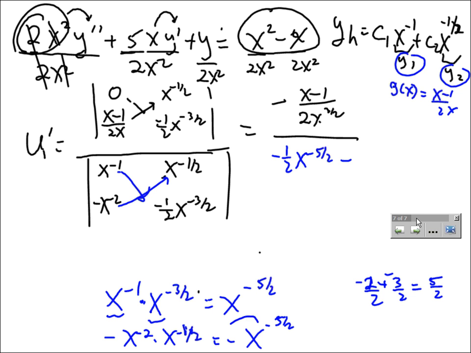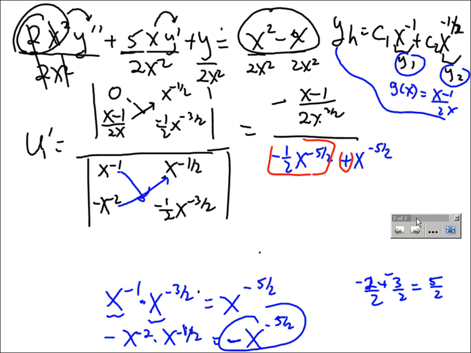So we're taking away that, and since that's negative, it becomes plus x to the negative 5 halves. Okay. Little bit more arithmetic. We are adding x to the negative fifth, here we're taking away a half, and here we're adding 1. So we're going to have a half x to the negative fifth.